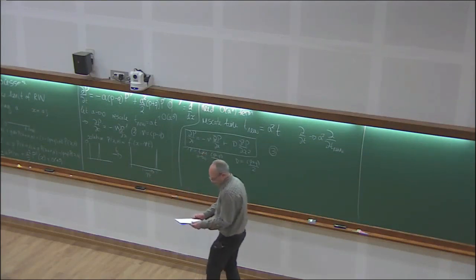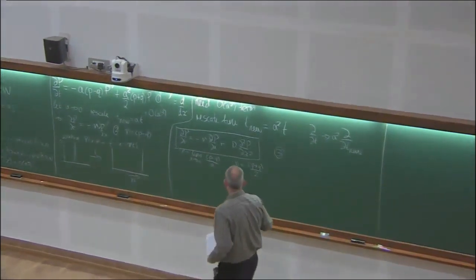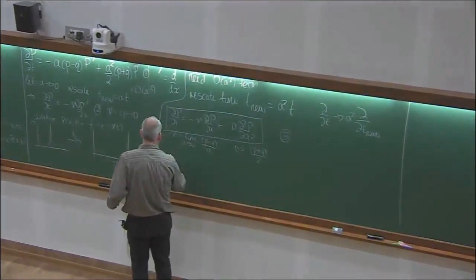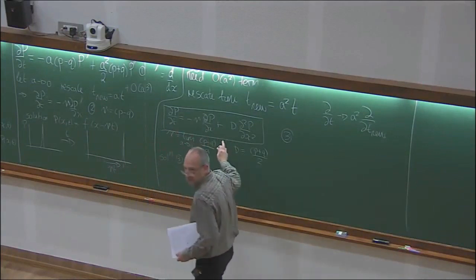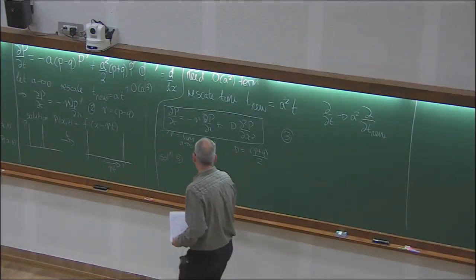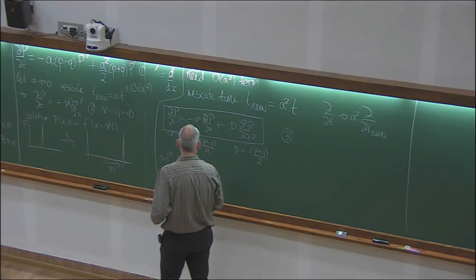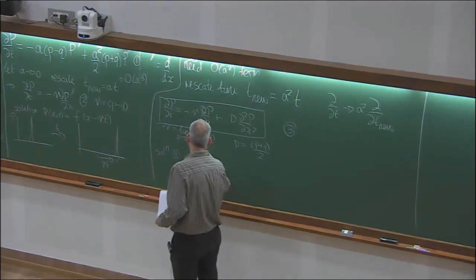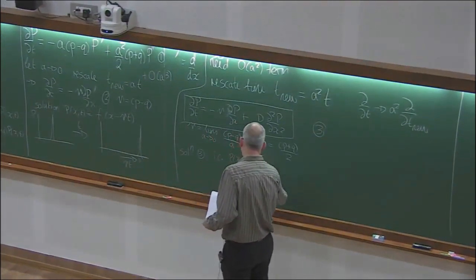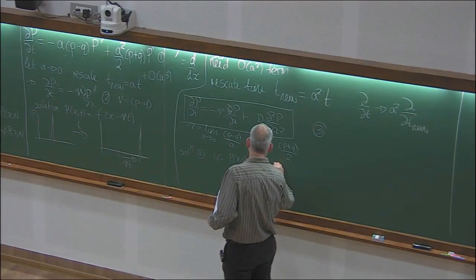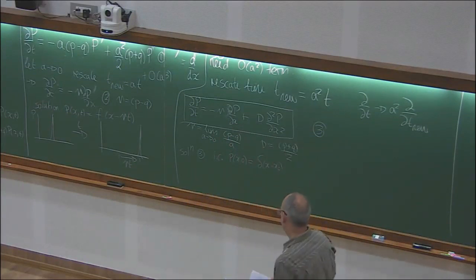Okay, so the solution of 3 is, of course, a Gaussian. If I have initial conditions, so IC is initial condition, say we start from a sharp distribution, so P of x at time 0 is a delta function, x minus x naught. So it's sharply peaked at x naught. Then I know what happens.